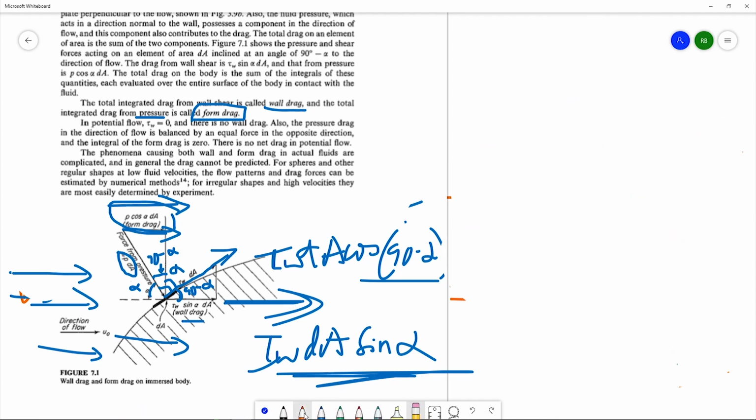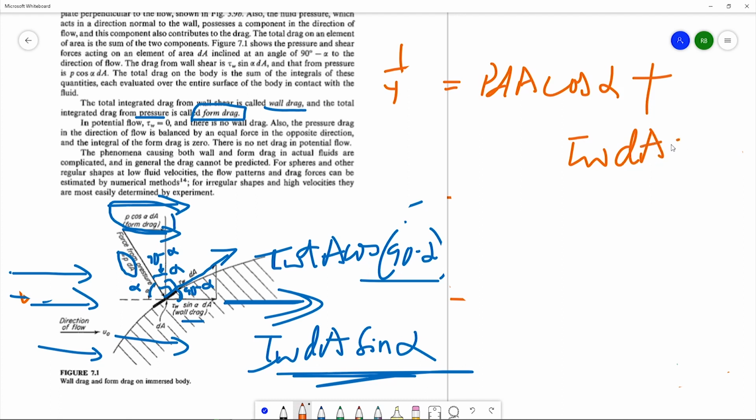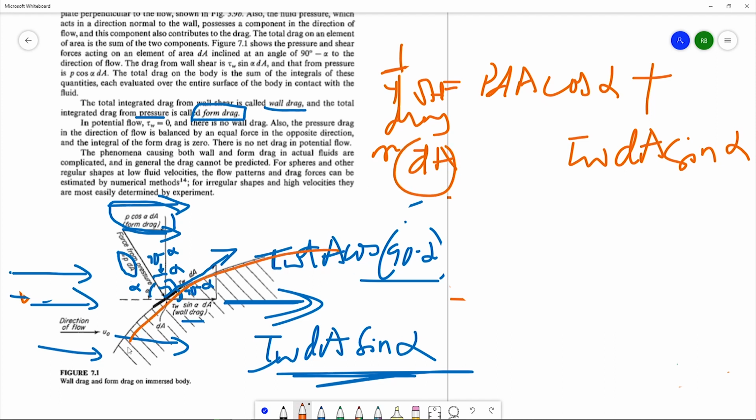So the total drag will be PdA cos alpha plus tau W dA sine alpha. This is the total drag on area dA, right? So if you want to find the total drag on the whole surface, then you have to integrate this.